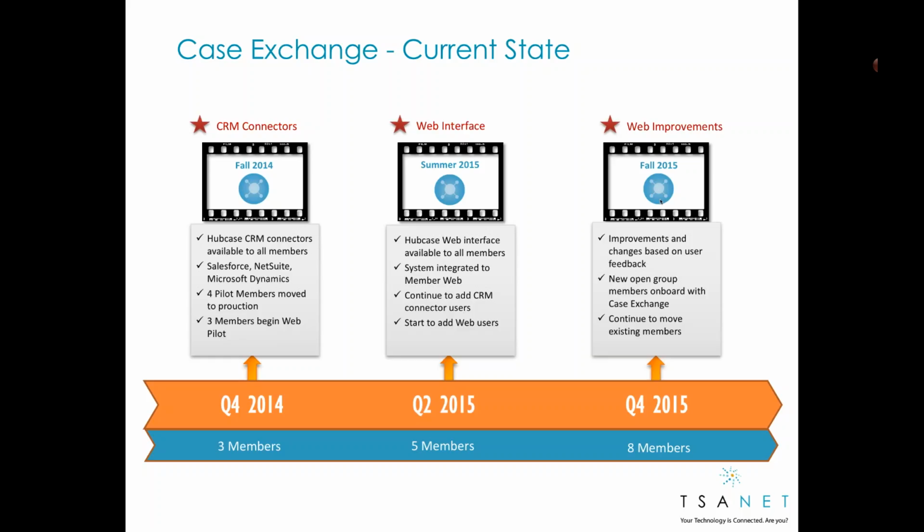In the summer of 2015, we developed and released a web interface, and that brought a few more members onto the system as well. Here in the fall of 2015, we had a release that made some improvements to the web interface, specifically to its usability, and some improvements to the email notification you receive when you have a new inbound escalation or an update. I'll explain that a little when we go into the web interface.